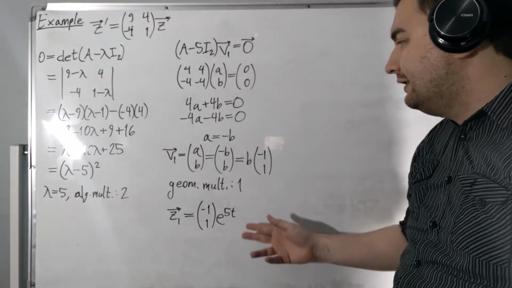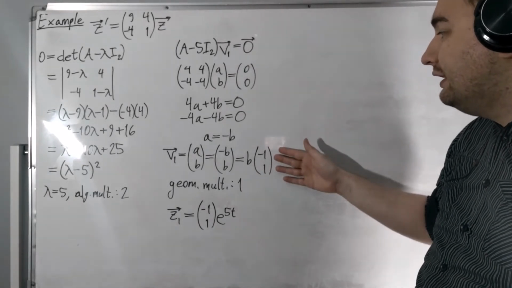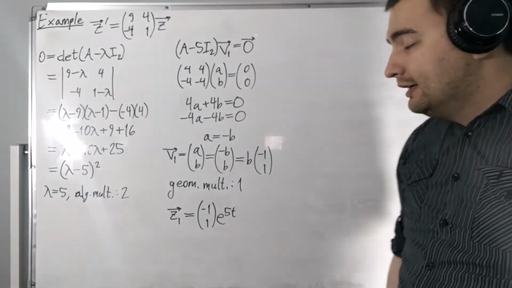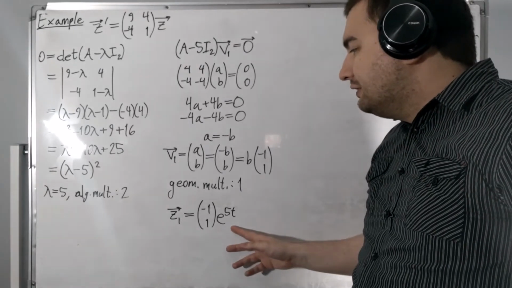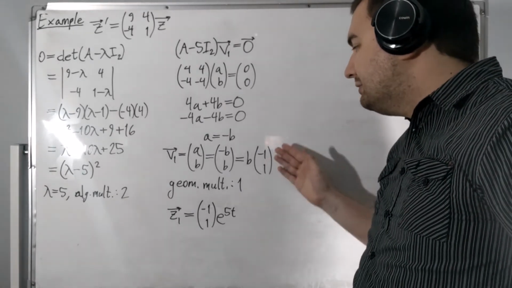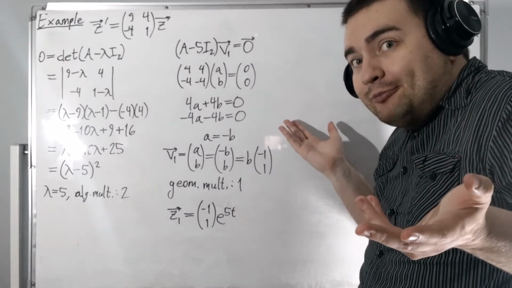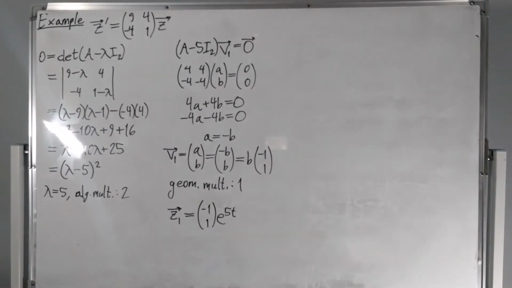As it is, because the geometric multiplicity is 1, the most linearly independent eigenvectors we could have is only 1. So if you try to construct another basis solution based on only the eigenvectors, it's not going to be linearly independent. So we have a little bit of a problem. And this is the problem with every defective eigenvalue.